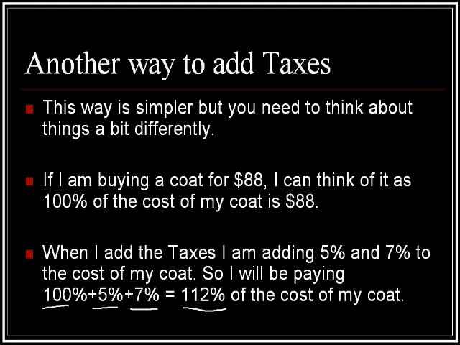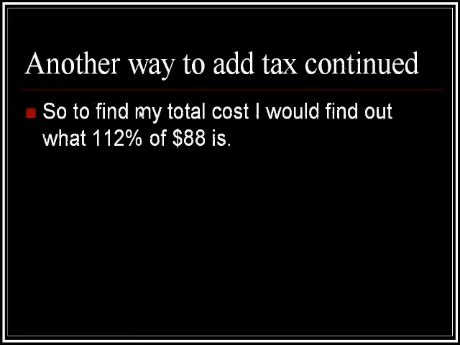So to find the total cost of my coat, I would find out what 112% of $88 is. So 112% divided by 100, again, we're converting it into our decimal, is 1.12. Right?